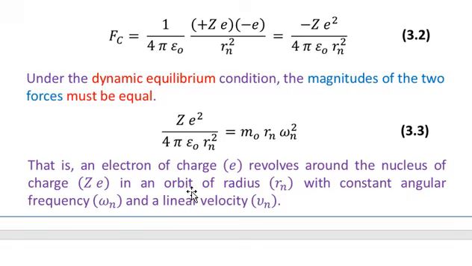That is, an electron of charge e revolves around the nucleus of charge Ze in an orbit of radius Rn with a constant angular frequency omega n and a linear velocity Vn. This is a brief description of equation number 3.3.